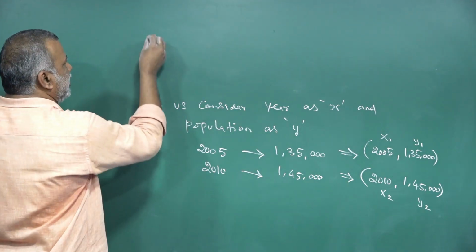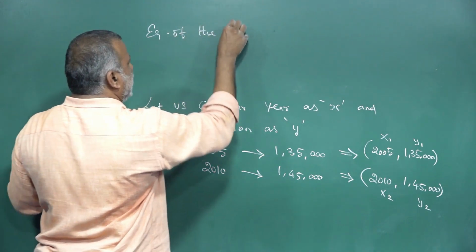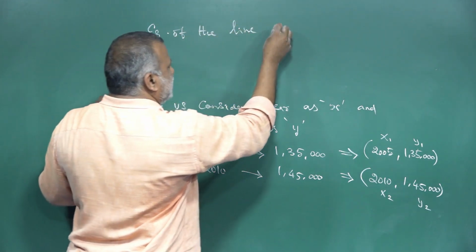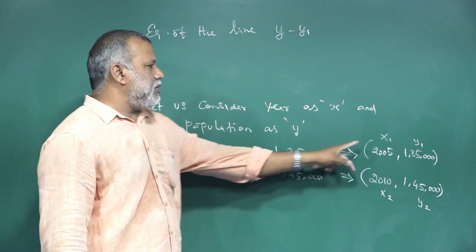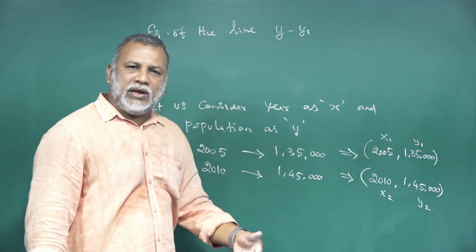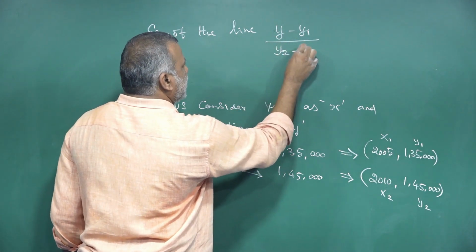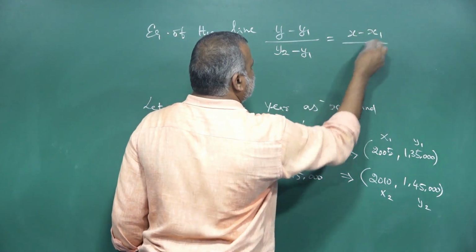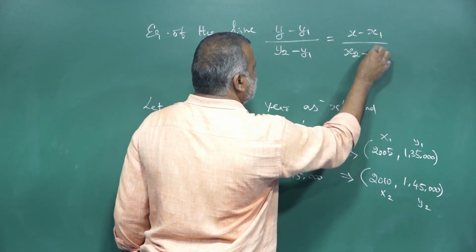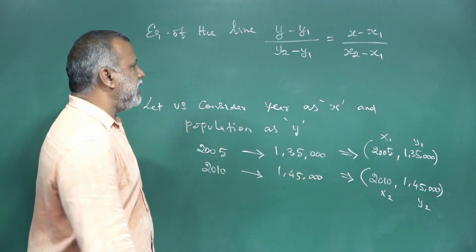So we have to formulate the equation of the required line. So far you have used the two-point formula many times, where x1 comma y1 and x2 comma y2 are well known. So use this one: y minus y1 divided by y2 minus y1 is equal to x minus x1 divided by x2 minus x1. We need to substitute all these data here.